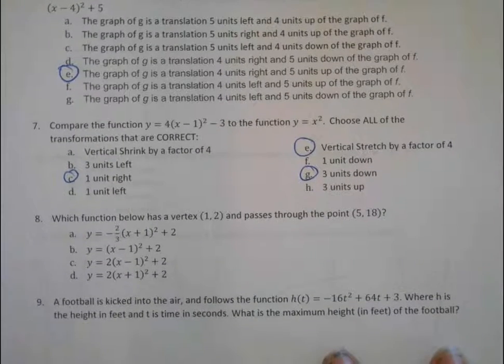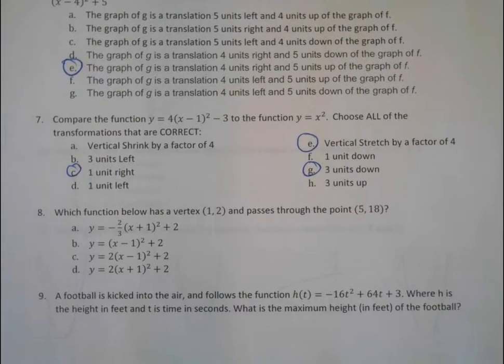On number 8, I'm looking for which one has a vertex of (1, 2) and passes through the point (5, 18). These ones are in vertex form, so I am looking for something that inside the parentheses has the opposite sign.